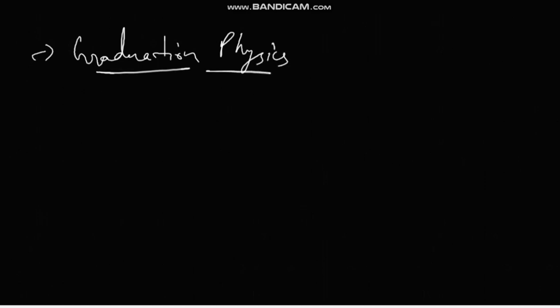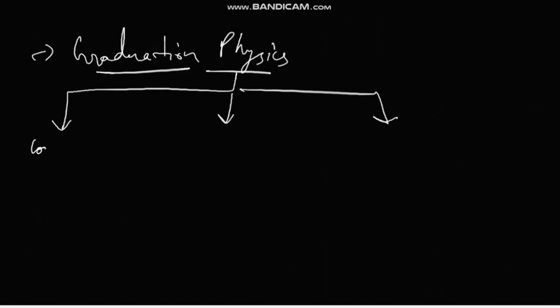So I told you how I will proceed. Mostly I'll start with graduation level physics, basically. And from my point of view, my way of teaching is divided into three parts. Firstly, I'll tell you about the concept, which includes all the theory part regarding that topic.